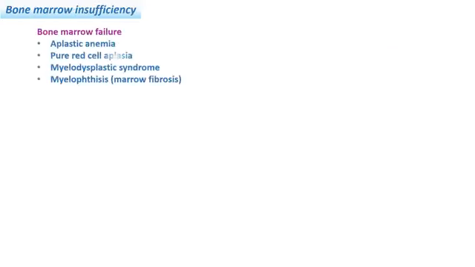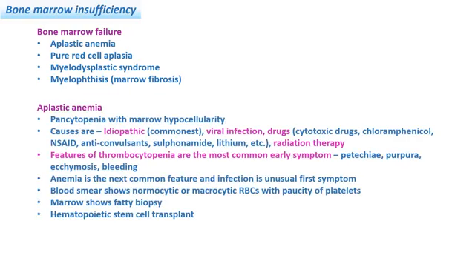Come to the bone marrow insufficiency: aplastic anemia, pure red cell aplasia, myelodysplastic syndrome, myelophthisis, or myelofibrosis. Aplastic anemia: pancytopenia with marrow hypocellularity. Causes are idiopathic, the commonest viral infection, drugs like cytotoxic drugs, chloramphenicol, NSAID, anticonvulsant, sulfonamide, lithium, etc., and radiation therapy.